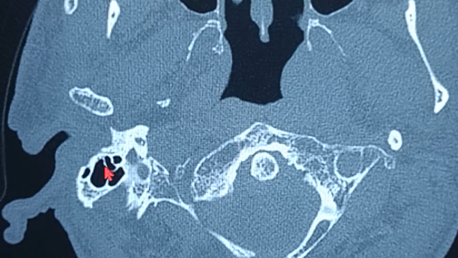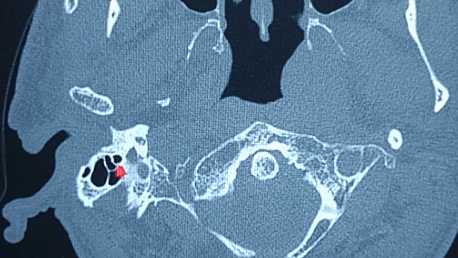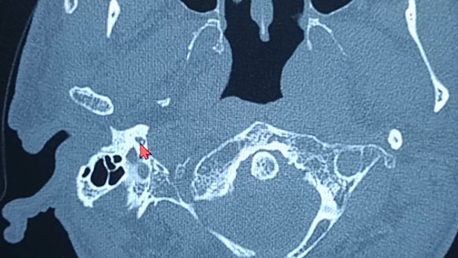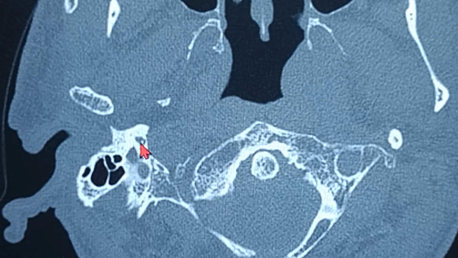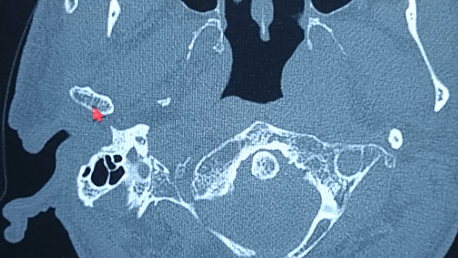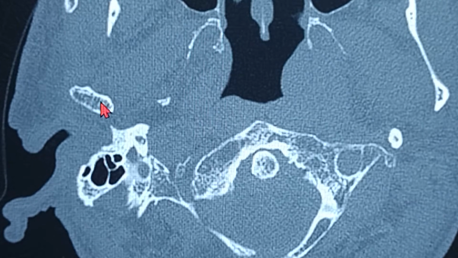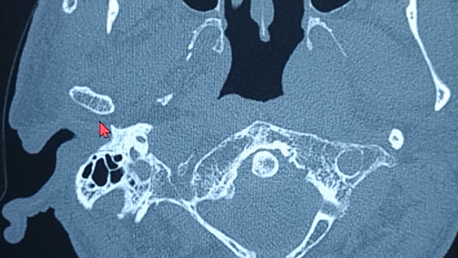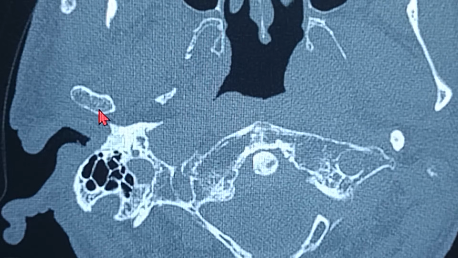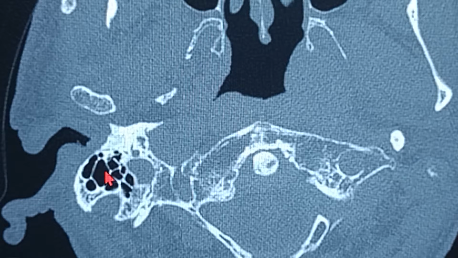You can see much more well pneumatized mastoid air cells, and the styloid process is gone right now. It's not visualized anymore, but what you can see right here is the mandibular head. Later on, as we keep on going up, this mandibular head is going to form the temporomandibular joint. You can see the bone above here in some time, and you can see the mastoid air cells over here.